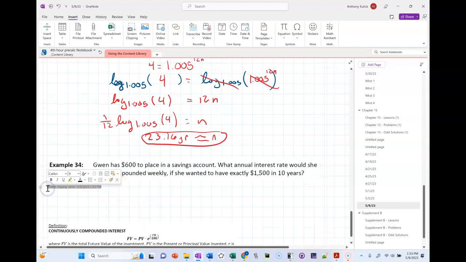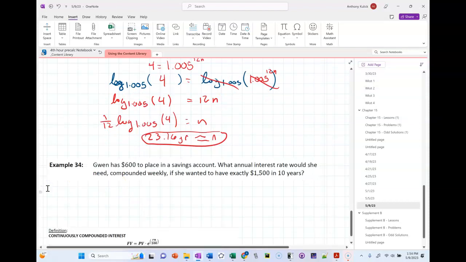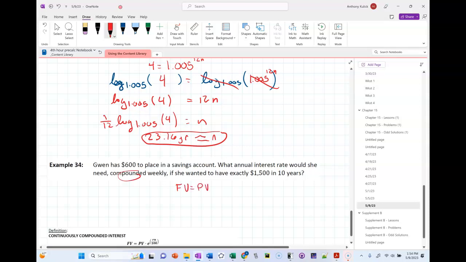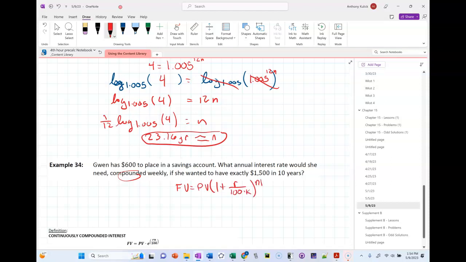Let's look at one more compound interest example before we move on to the last model. Gwen has $600 to place into a savings account. What annual interest rate would she need, compounded weekly, to have exactly $1,500 in 10 years? Again, I hear that word compounded, so I know we need to use the compound interest model.